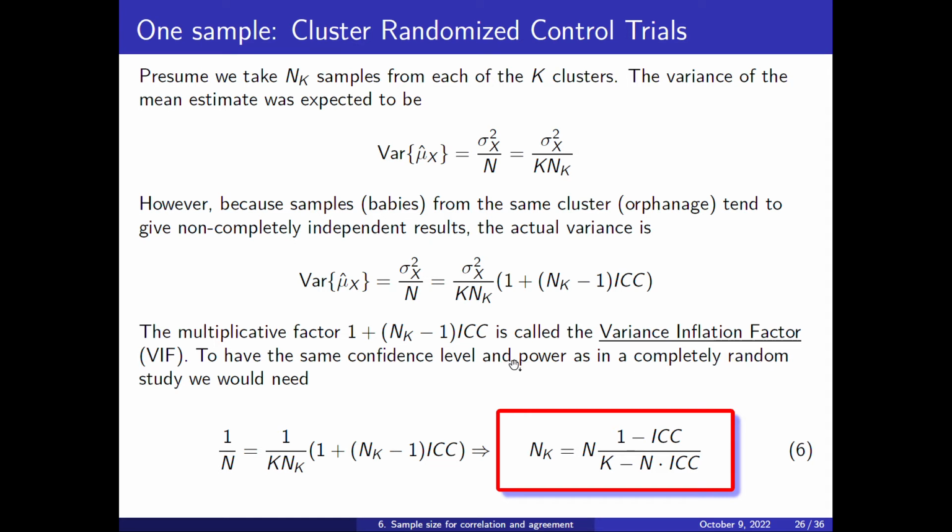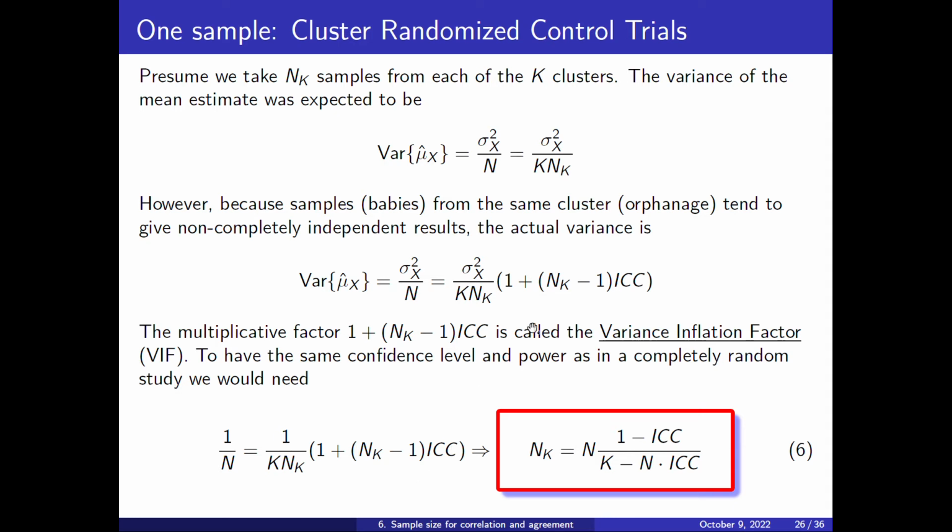So this variance inflation factor will increase the variance of our estimate of the mean, simply because for every measurement that we get, we don't get a totally independent measurement.